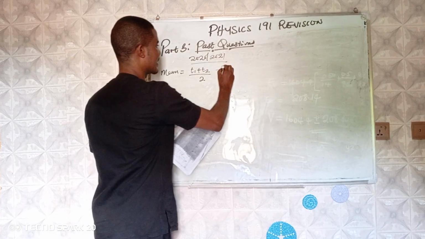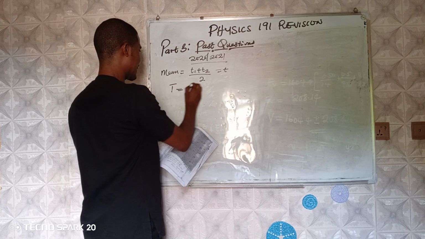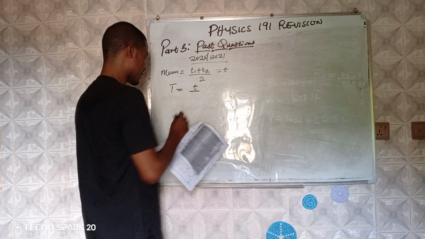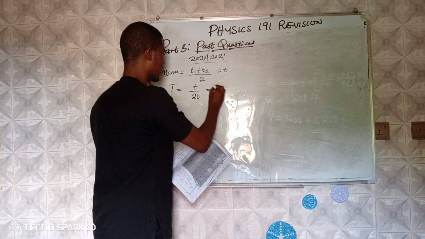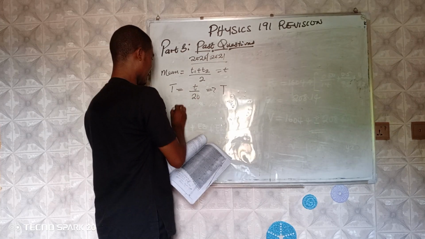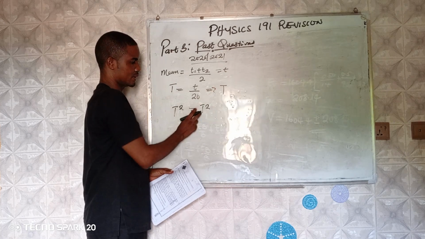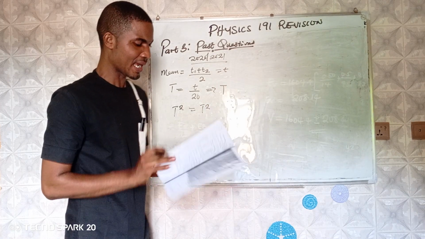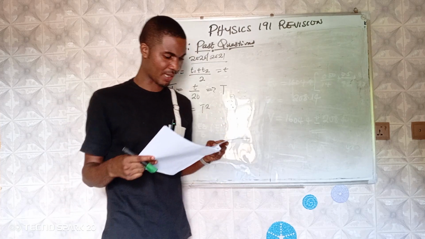It will give you your mean T. Then your period T is mean T over the number of oscillations, which is 20. Mean T over 20 will give you your capital T. Then if you square it, it will give you T squared. That will help you fill the table. So you have answered question A.